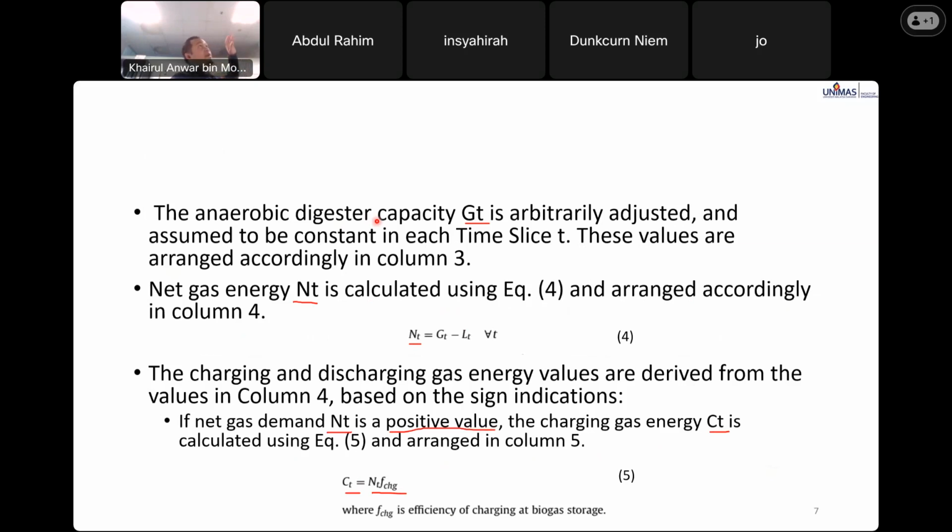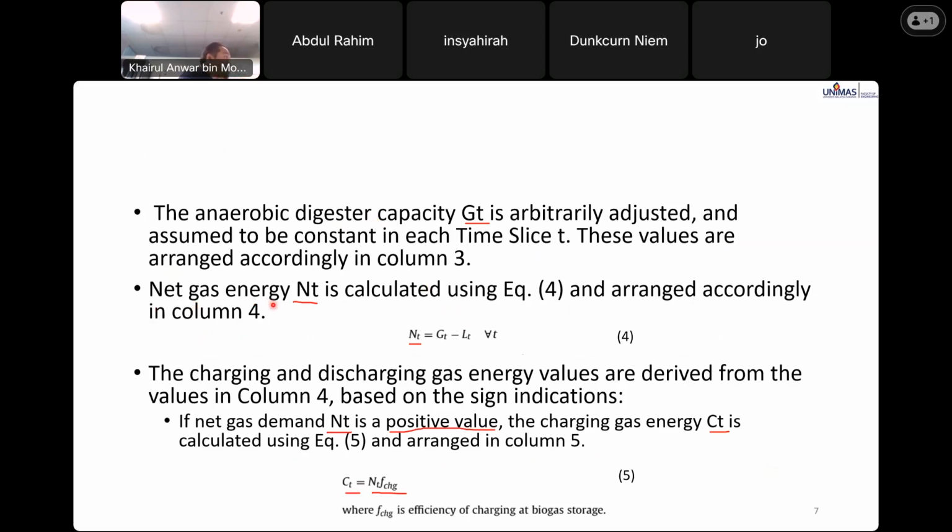Then we can find the negative, and that negative will be the new Q. But for this method that they developed, it started with the initial biogas generation capacity of the process.